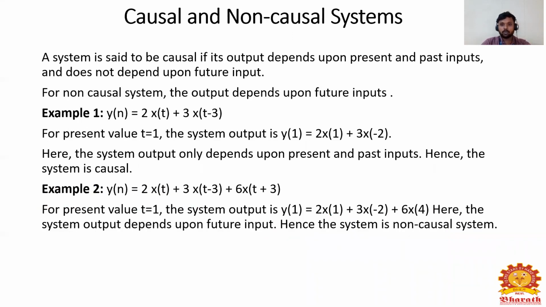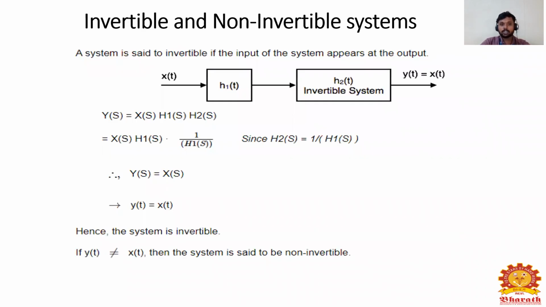Next is causal and non-causal system. If the output depends only upon present and past input, then the system is said to be causal. If the output depends upon the future input, then the system is called non-causal. We have seen 2 examples for causal and non-causal.